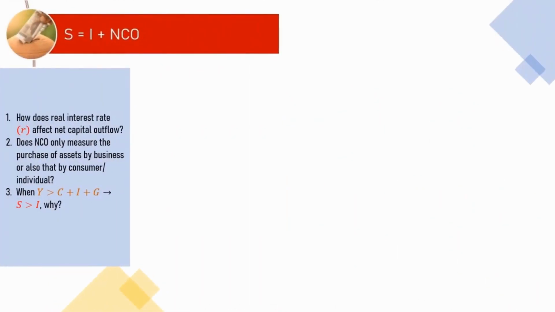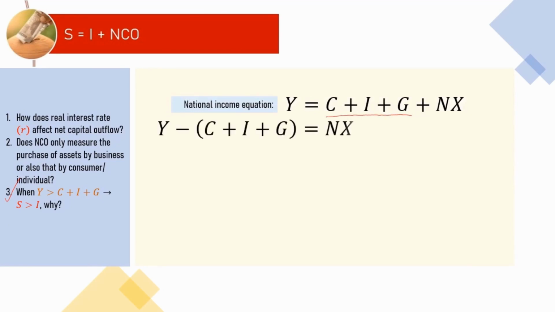Answering the third question is just a matter of adjusting the national income equation. In an open economy, national income is expressed by this equation. Moving the spending, C, I, G, to the left, the equation becomes: when NX is positive, the left side of the equation is positive.